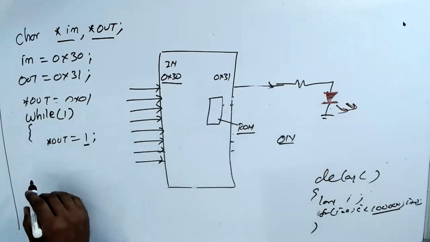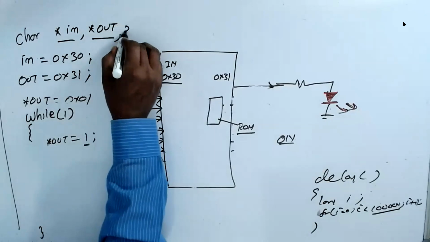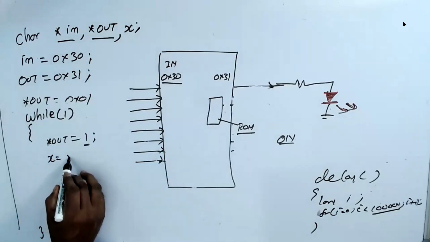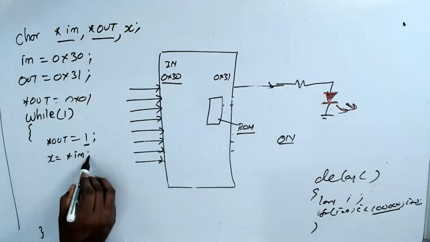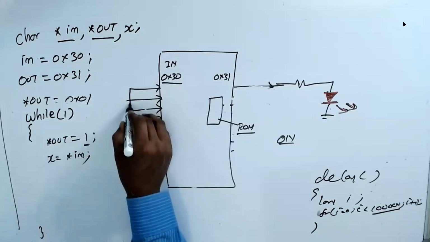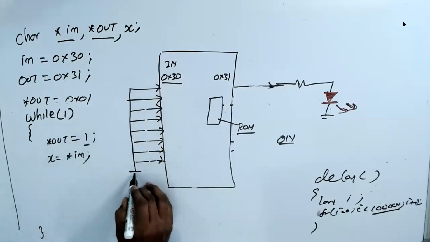But for example, I have a variable called X. I say X is equal to star in. For example, you connect all the pins to ground except one pin.